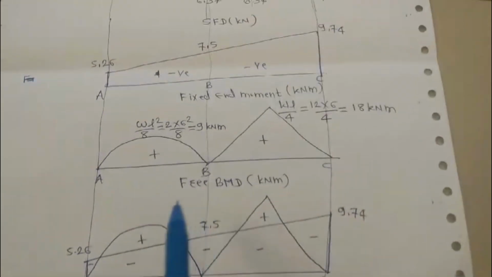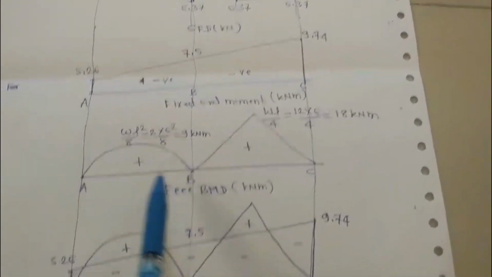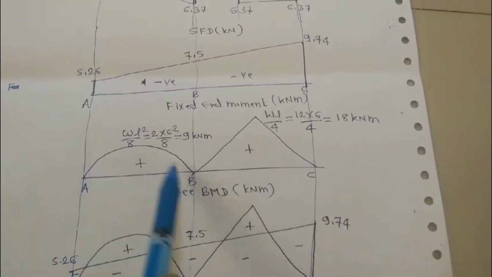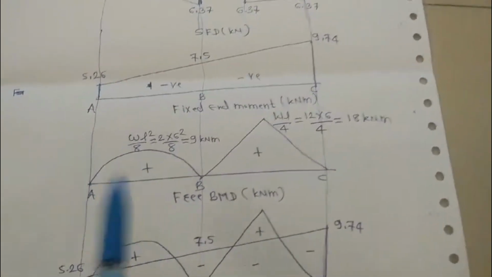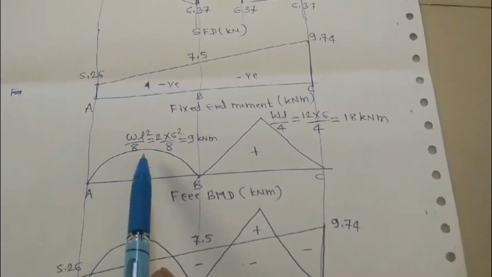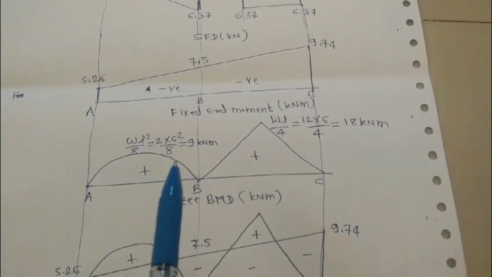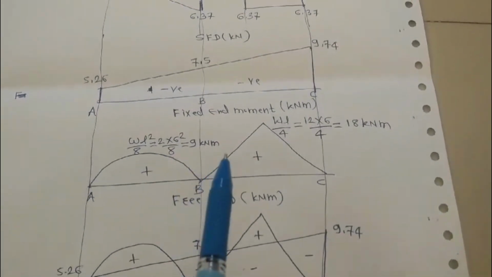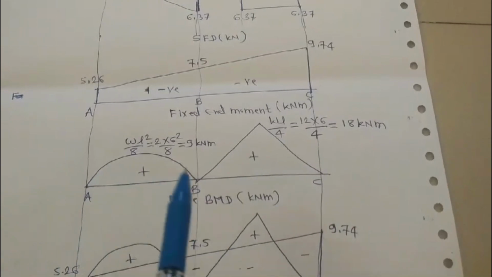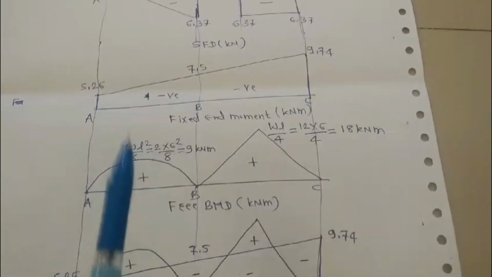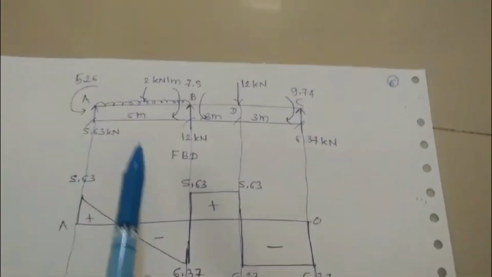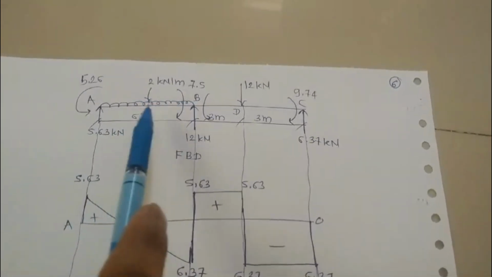After that, the free BMD: if a UDL is acting on span AB, the formula to find the free BMD is WL square upon 8. W was 2, L was 6. So 2 into 6 square divided by 8, you will get 9 kN meter. It is a second degree parabola, because when a UDL is acting the BMD will be a second degree parabola.